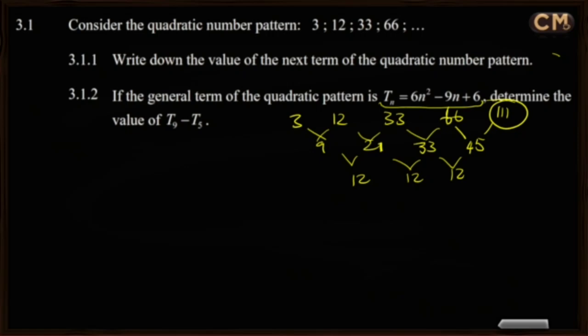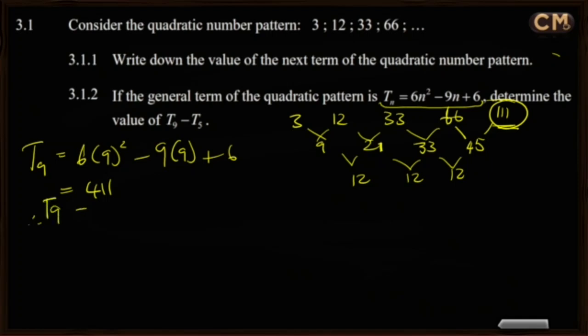Well, we have the 5th term right over there. So d9 is just going to equal 6 times 9 squared minus 9 times 9 plus 6, which is equal to 411. Therefore, d9 minus d5 is equal to 411 minus 111, and that's just equal to 300.